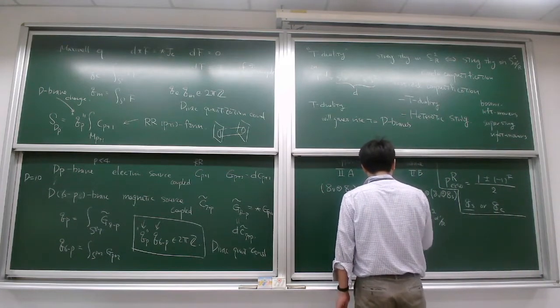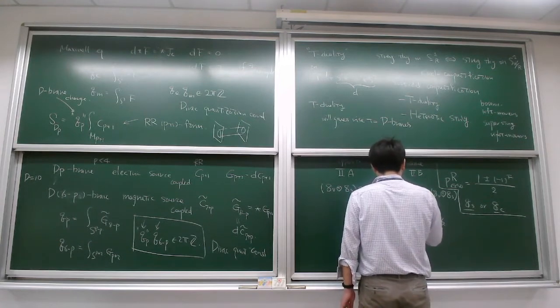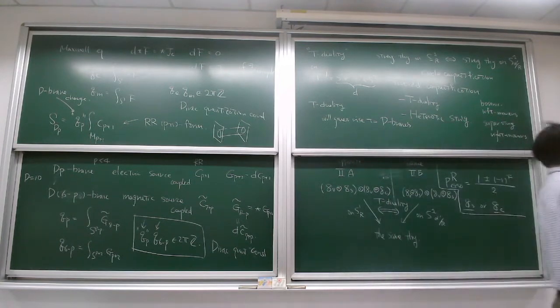This is related by T-duality. So the circle compactification is very important if you consider the superstring, because it will give rise to some duality between two different strings. That's what we are going to see.